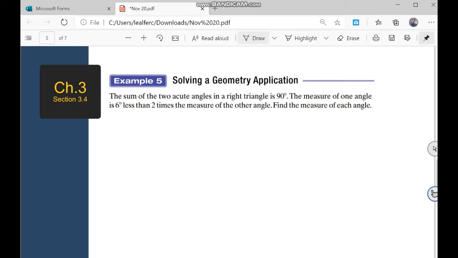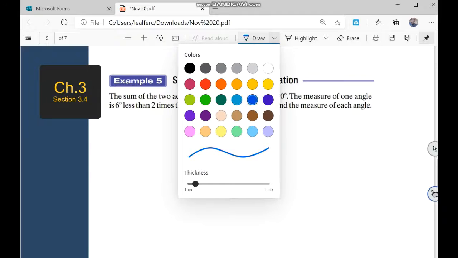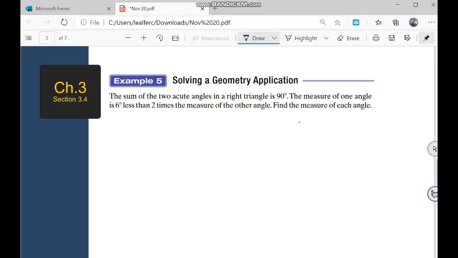This is a geometry application, and again, I will say this is more useful, this is more realistic. You're going to find this kind of example eventually if you're working with geometry, in the future, for instance with engineering or architecture. It's not like the amusement park to calculate hot dog price.